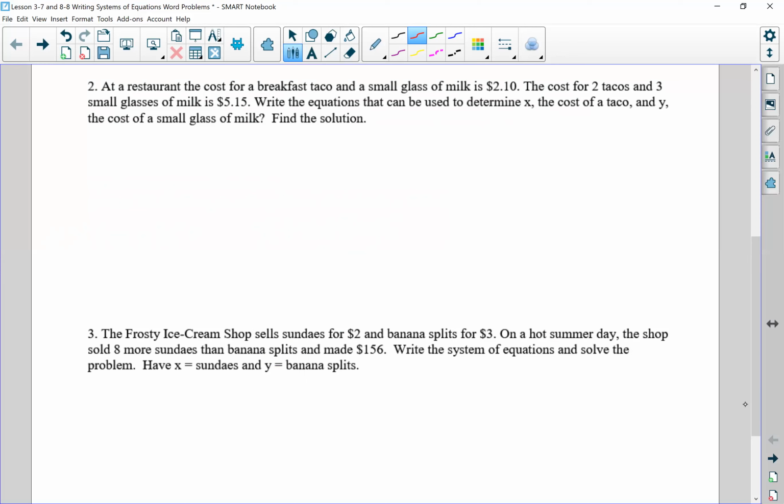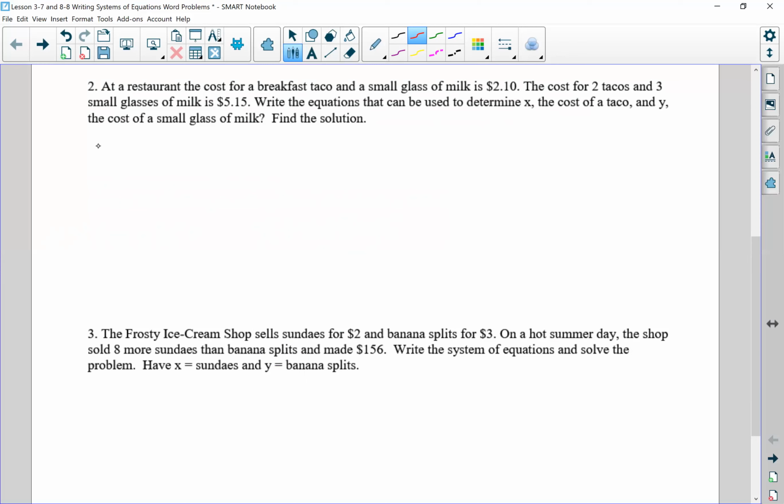At a restaurant, the cost for a breakfast taco and a small glass of milk is $2.10. The cost for 2 tacos and 3 small glasses of milk is $5.15. Write the equations that can be used to determine X, the cost of a taco, and Y, the cost of a small glass of milk. So we go back and find our information.